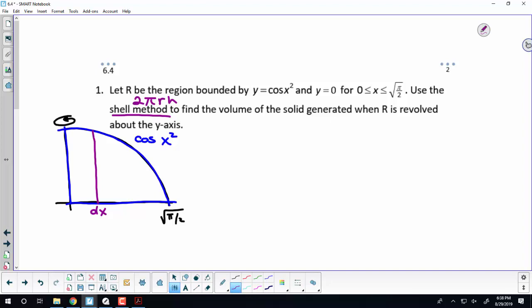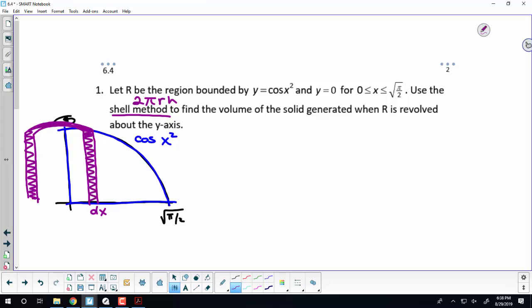Okay, so we need to find the radius, and I don't know if I can illustrate this very well, but remember, I'll exaggerate this, and we're rotating it about the y-axis. So that's like a cross section of the cylinder for that particular rectangle.